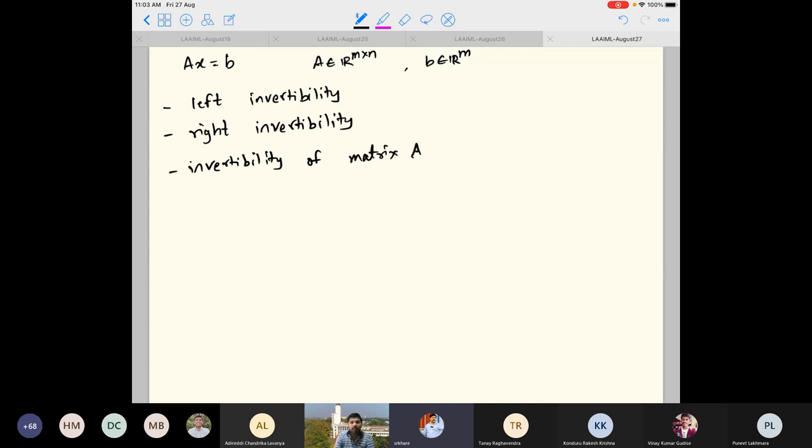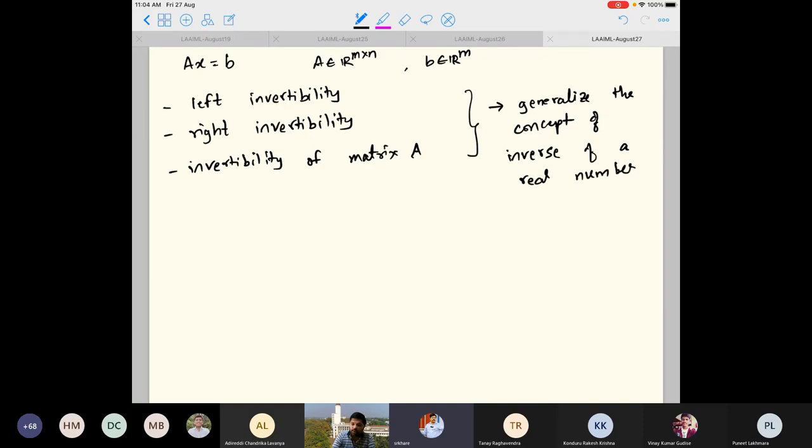These are the concepts that we have introduced, and we see that these concepts actually generalize the concept of inverse of a real number, correct? So inverse of a real number is generalized by these concepts in the case of matrices. That's what we saw.